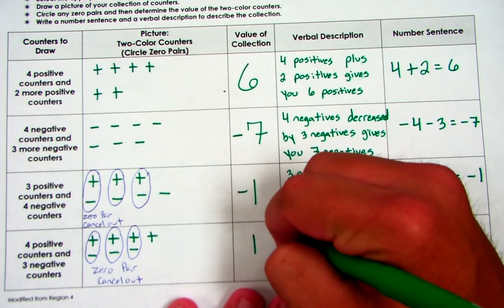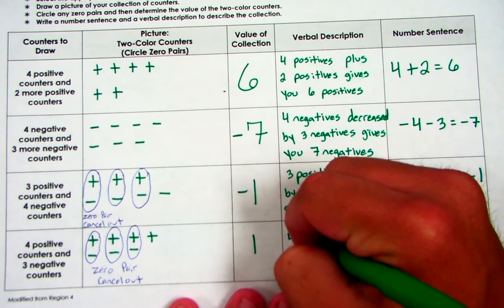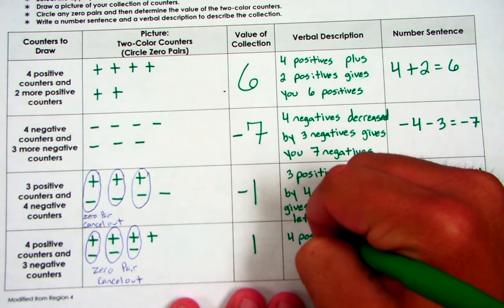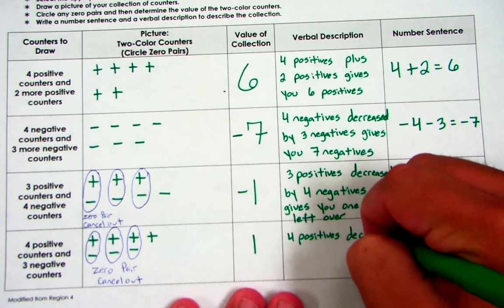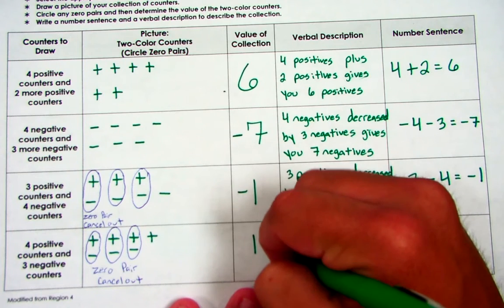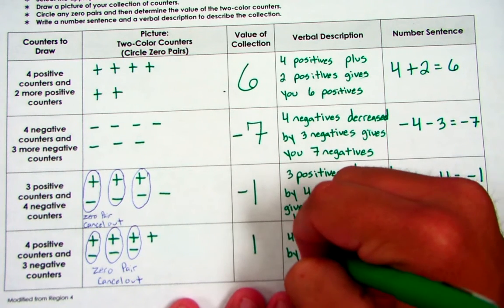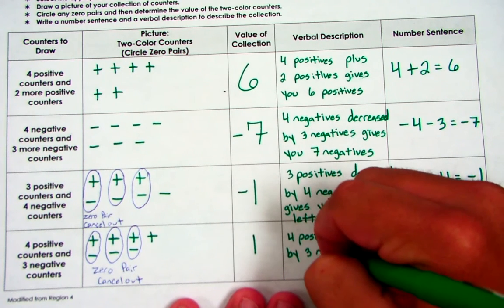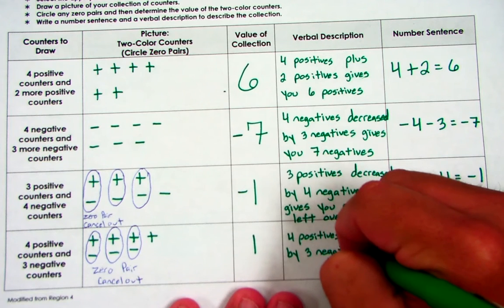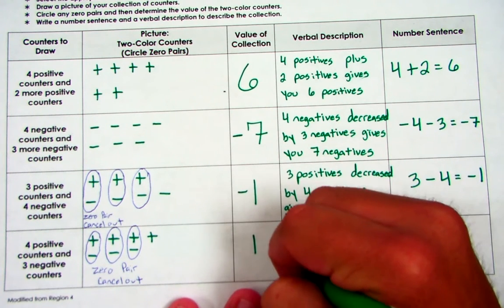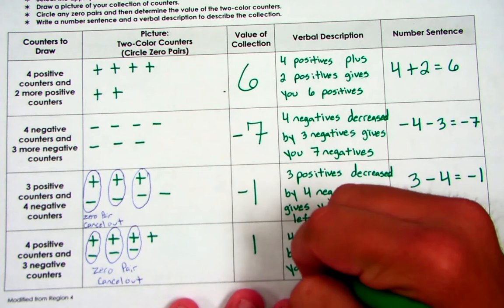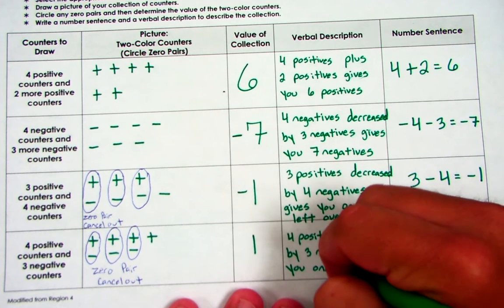So your verbal description, 4 positives, decreased by 3 negatives, gives you 1 positive left over.